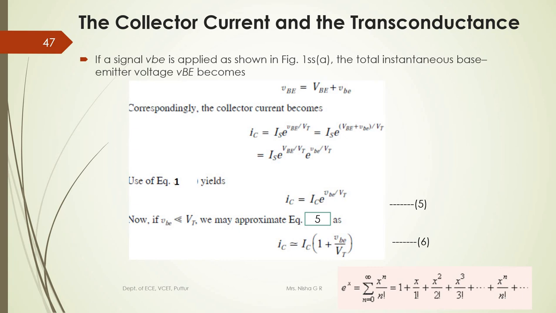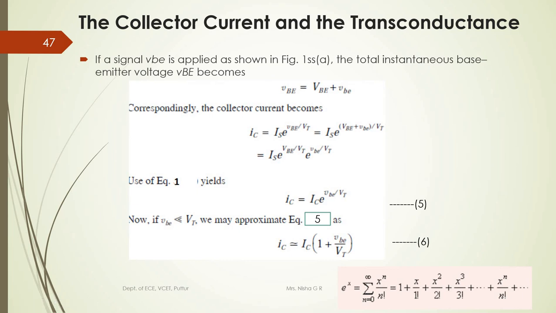If a signal vb, that is an AC signal, is applied, see here, the symbols are all small letters. vbe means it is an AC signal that we are applying to figure 1. That is, we need to consider figure 1 now.